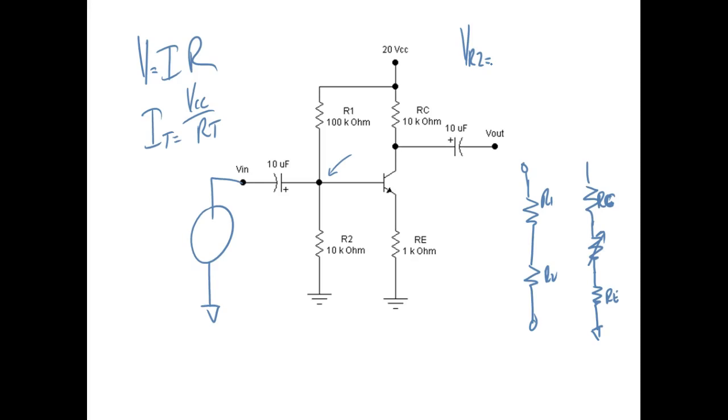Nobody have it yet? Huh? I don't want to know the current. I want to know the voltage drop across R2. I want to know VR2. So what would be the voltage drop across R2?